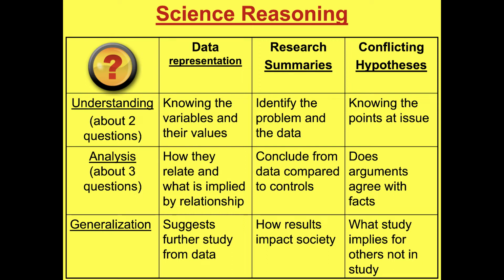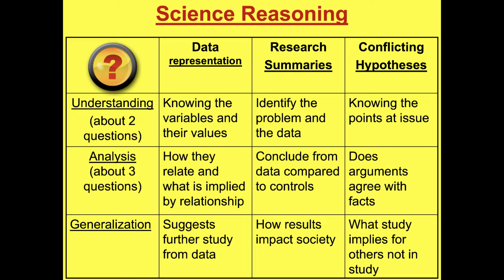You need to be able to analyze the data. In other words, you need to be able to see relationships in the data. You need to see what is implied by these relationships. And then also, you need to be able to make generalizations and potentially suggest future study from the data.